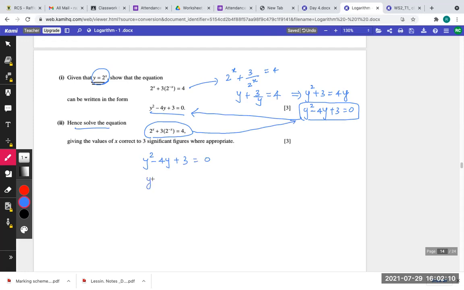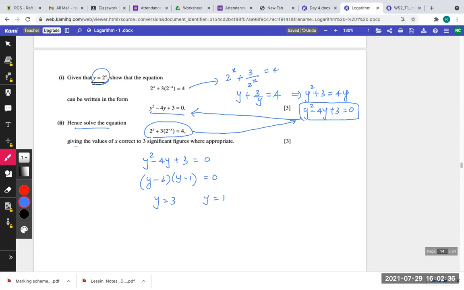You factorize it, guys. Which are the factors? 3 and 1, right? So we can write it as y minus 3 and y minus 1 equals 0. So you get the value y equals 3 and y equals 1.